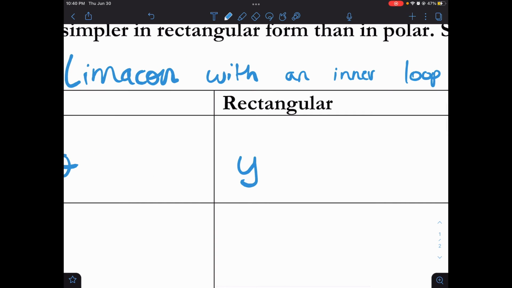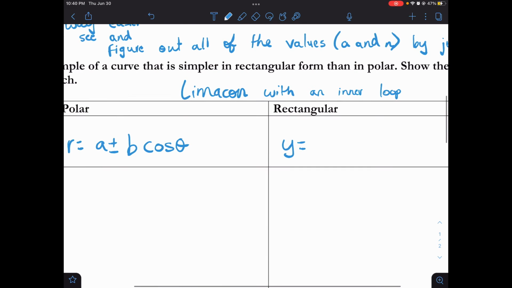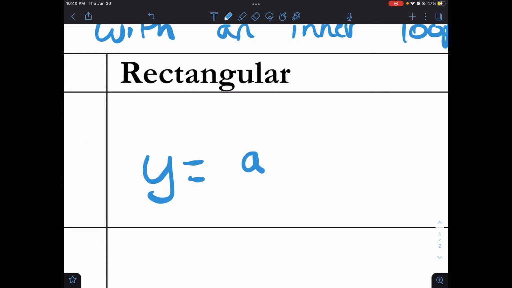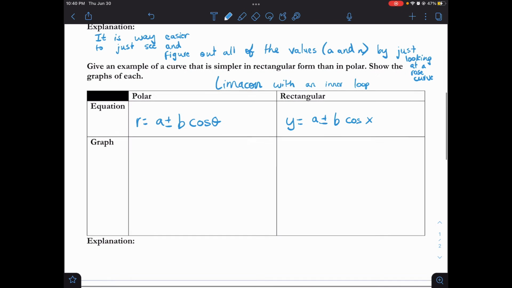And in rectangular, it's the same thing: a plus or minus b cosine of x or sine of x, right?